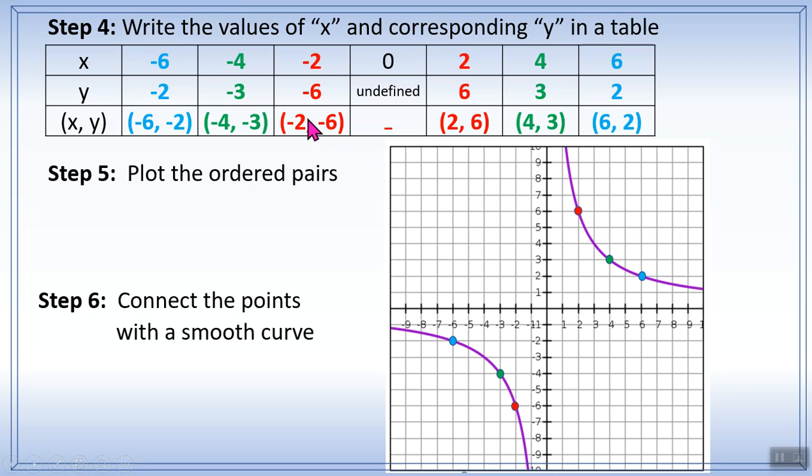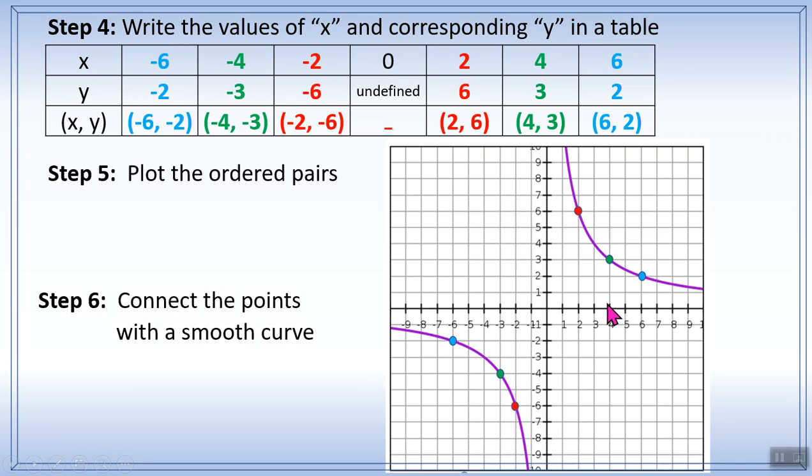Look here, I chose different colors in order to show you how to graph very clearly. Here, the red points, we plot here 2, 6. From 2 we go up to 6, and from negative 2, negative 6. So from negative 2 we go down to negative 6.